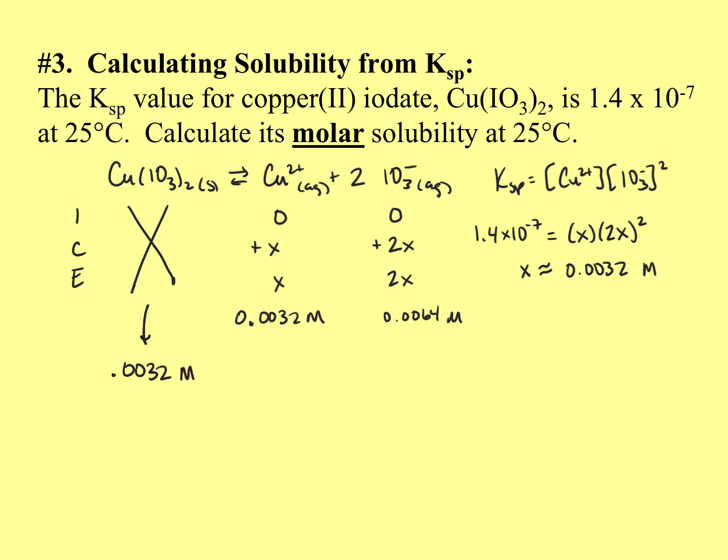You could say molarity, but I prefer to say moles per liter because we're measuring how many moles can be dissolved in 1 liter, specifically when it comes to molar solubility. We can say that molar solubility is the same thing as x when solving under the ICE table here.